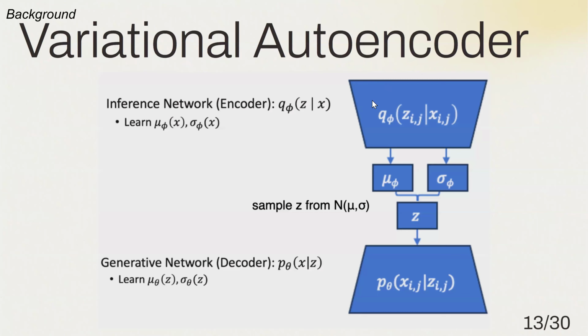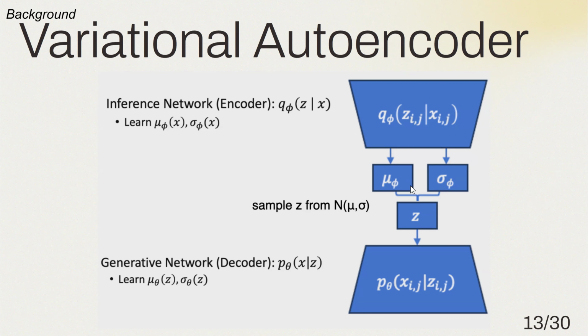Here, this brings us to what a variational autoencoder is. We have the encoder, which is sometimes called the inference network. This network learns to map the input to the parameters of your distribution. So for example, if you're using a Gaussian distribution, this network will take the input and map it to whatever parameters characterize a Gaussian.